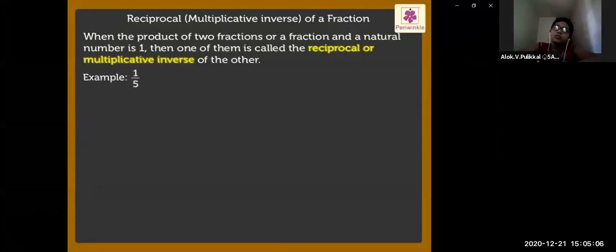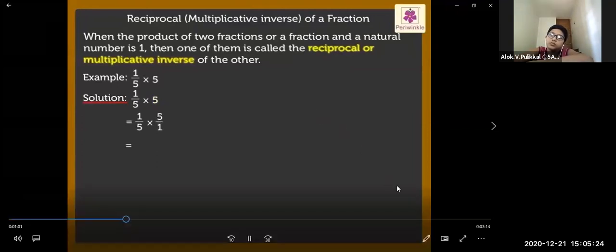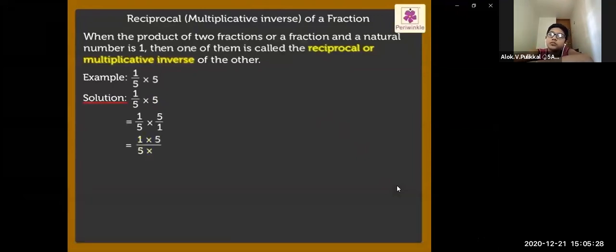Consider 1 upon 5 into 5. We know that 1 upon 5 is a fraction and 5 a natural number. We convert 5 into a fraction by writing it as 5 upon 1. Now we multiply 1 upon 5 into 5 upon 1, which is equal to 5 upon 5, that is 1.